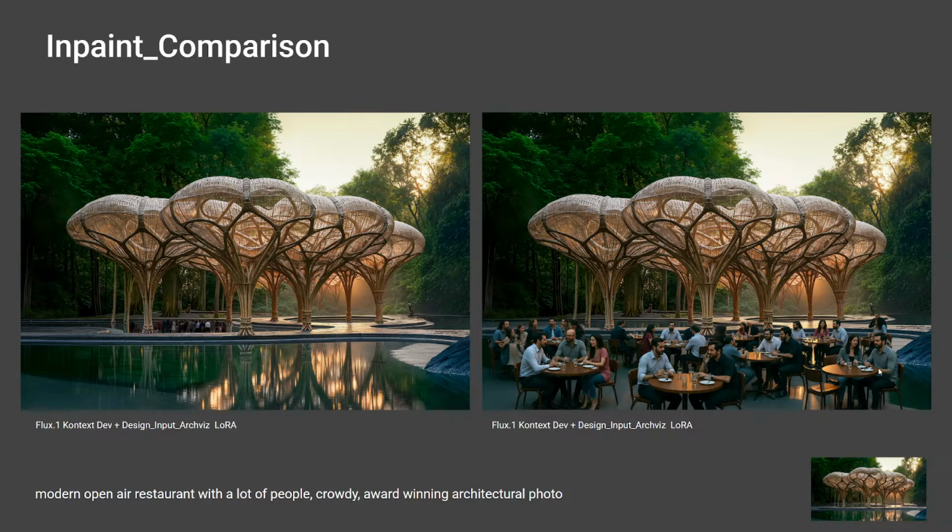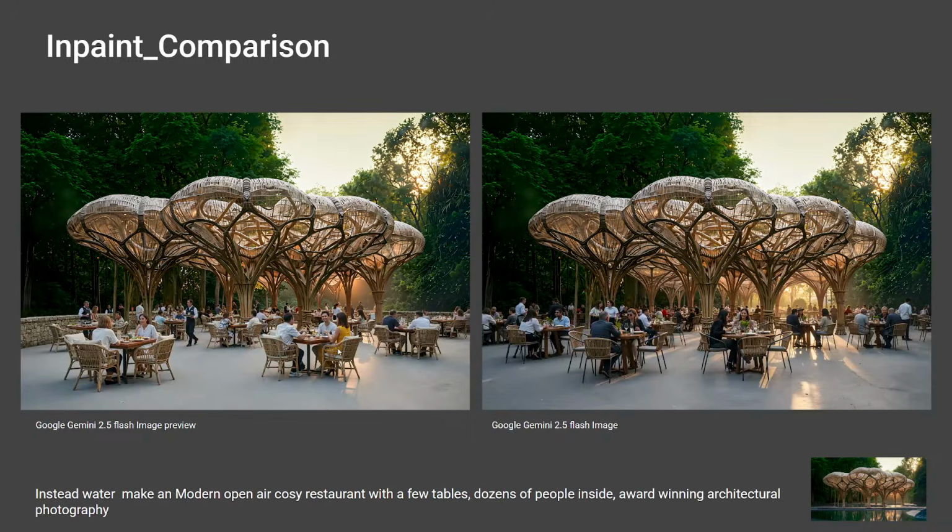But if we speak about the design of this restaurant, I have questions. Here it's taking the pavilion into consideration, and here as well. So it's a preview model. This is the flash image model without the preview word in the name, and basically the style is consistent, and the image itself is more complete.